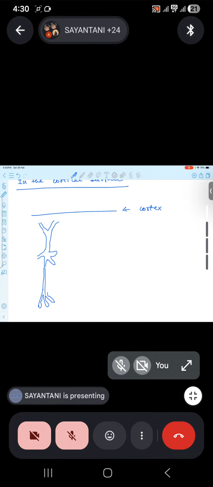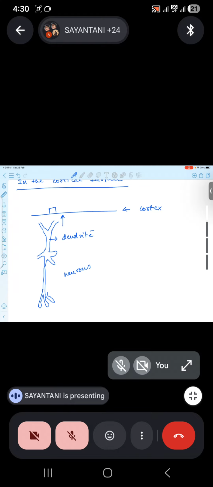This is your single neuron. The neurons are roughly placed perpendicular to the cortical surface, mainly the dendrite parts. Only those neurons whose dendrites are placed in this fashion can have their responses recorded via EEG, via the electrodes.